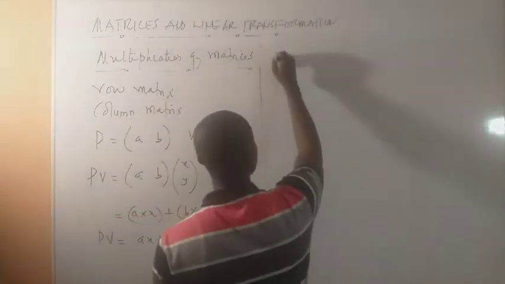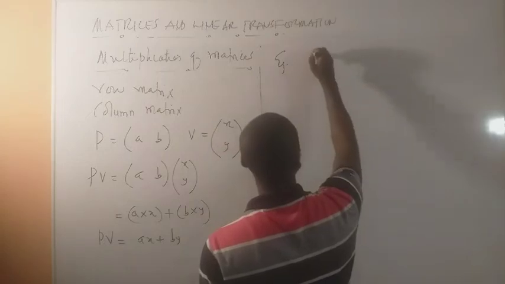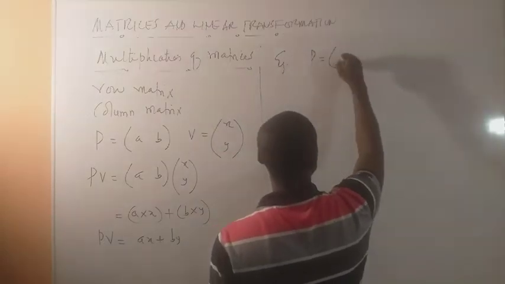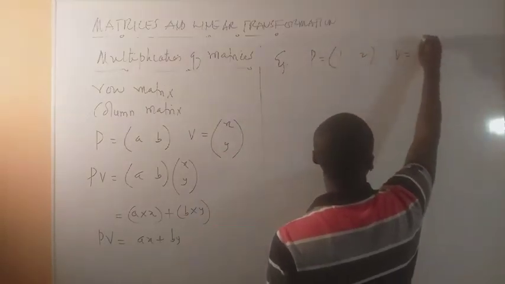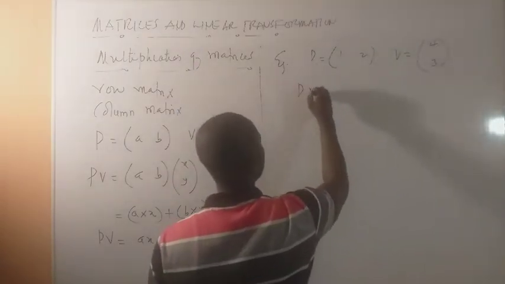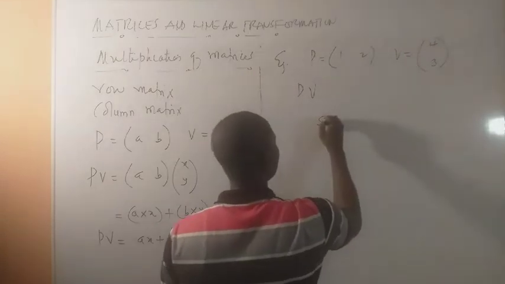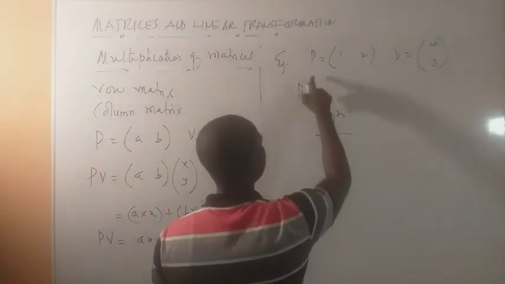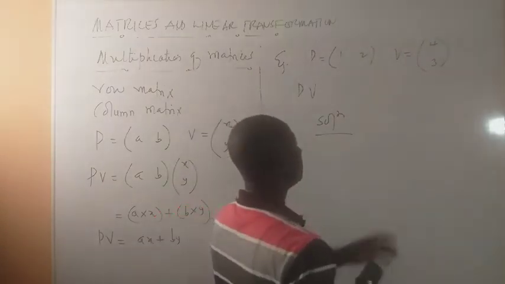Let's look at an example. Assuming that we are given the row matrix 1, 2, and the column matrix 4, 3. If we are asked to multiply P by V, P is the row matrix and V is the column matrix.